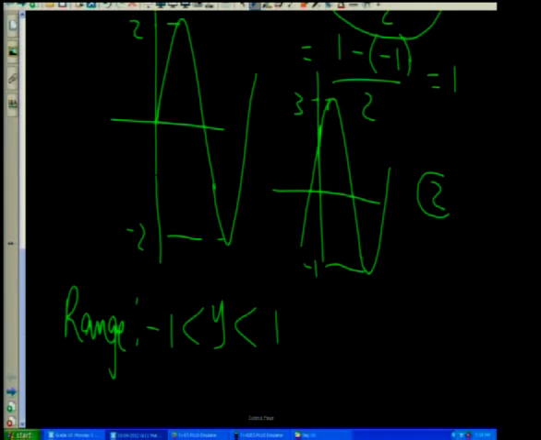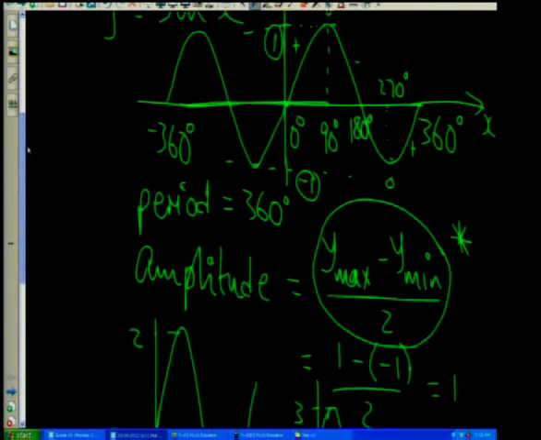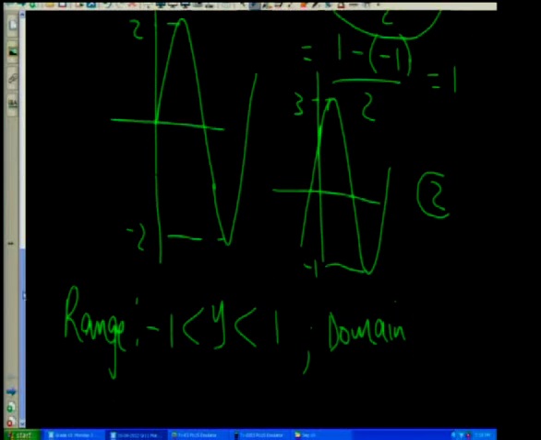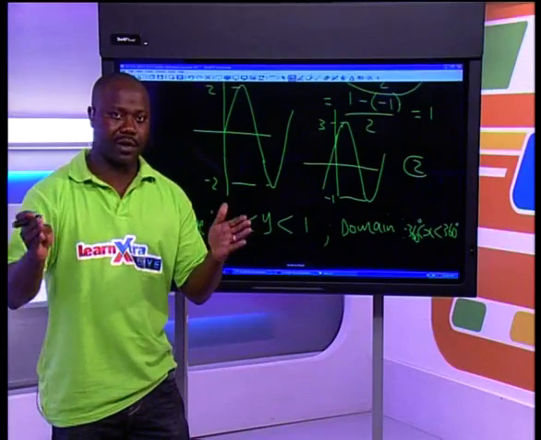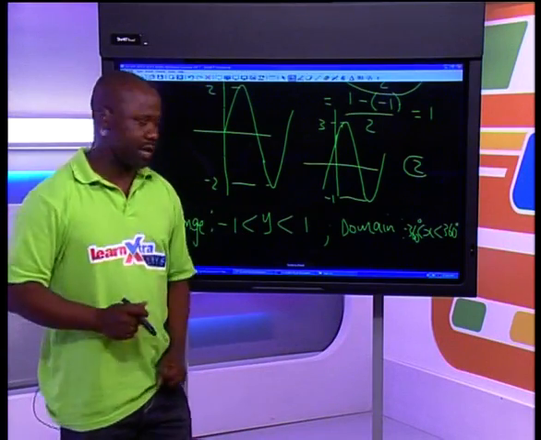Our domain, we have to define it as, in our case here, we chose from minus 360 to 360. Therefore, we write it as x greater than minus 360 degrees but less than 360 degrees. We could have chosen a different interval there. So that's the x interval where your graph exists. That's what your domain is.